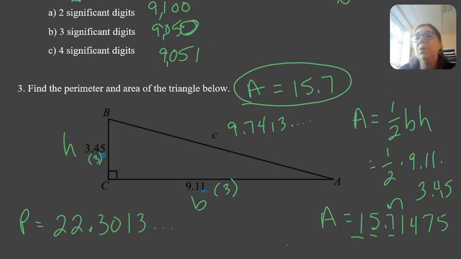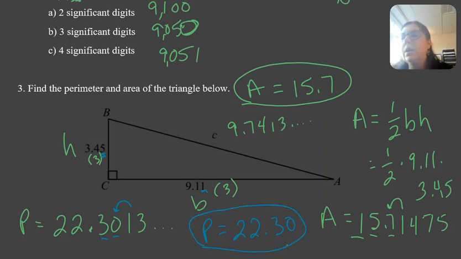So when you're doing perimeters, and this would also count for circumference when we do circles, you go 2 numbers after the decimal place. You do not look at significant digits. So 2 numbers after the decimal place would put us at the 0. 1 says to leave the 0 alone, so the answer for perimeter is 22.30.